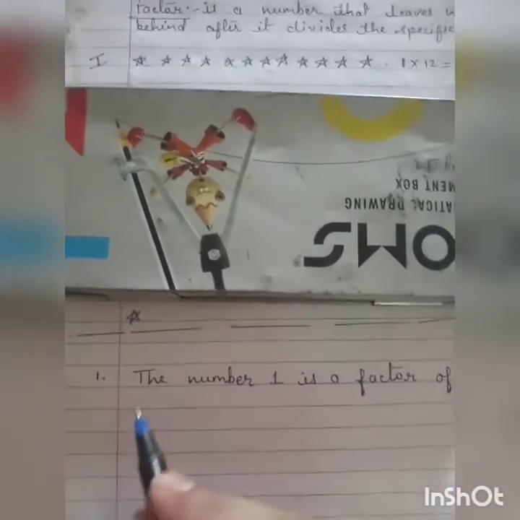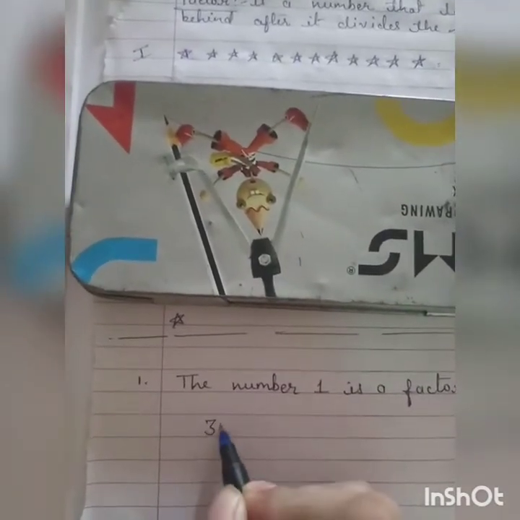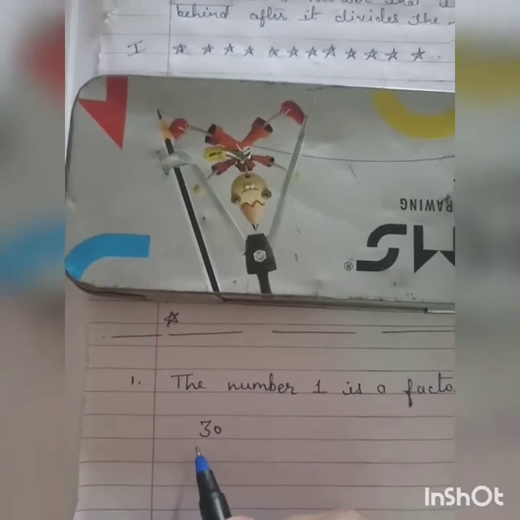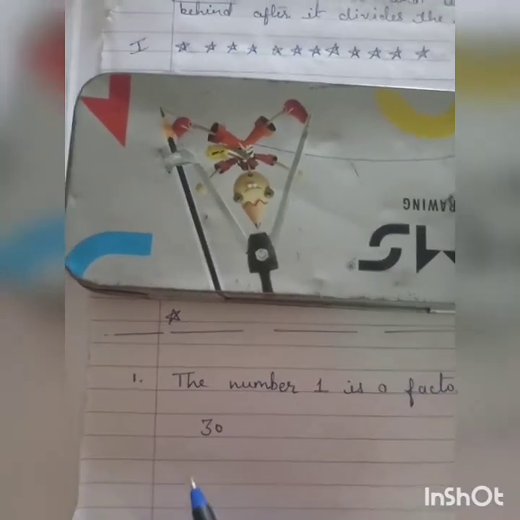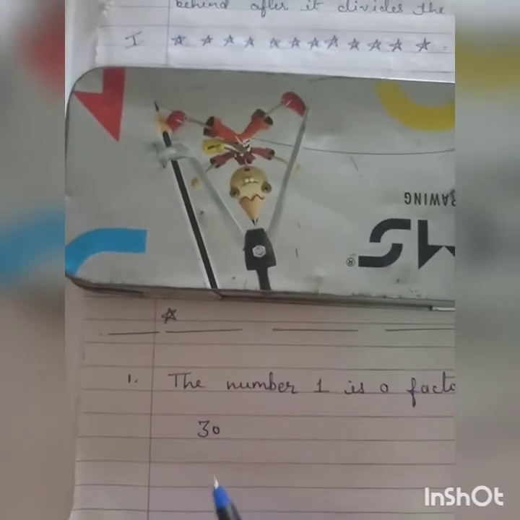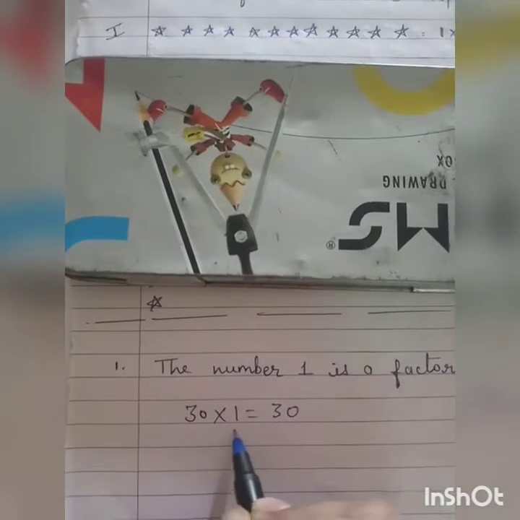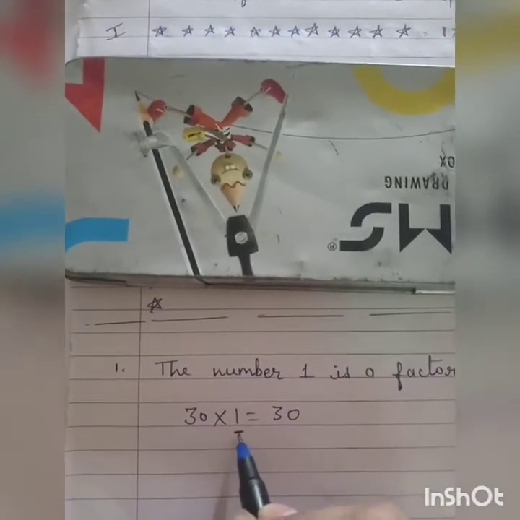Like I am giving you an example, 30. If we have to find the factors of 30, then the number 1 is a factor of 30. How is it? See, 30 multiplied by 1 is equal to 30. That means 1 is a factor of 30.